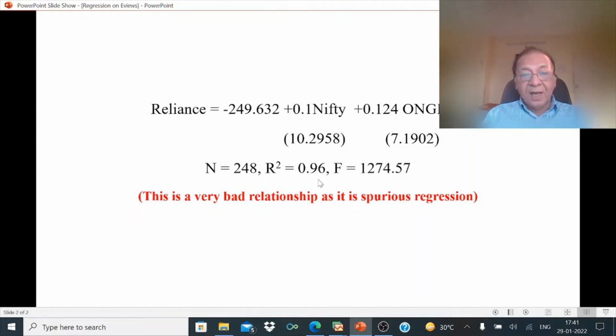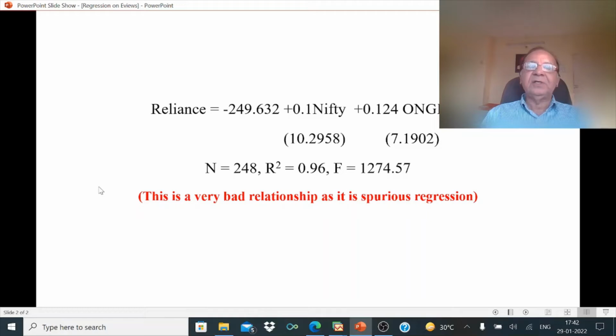This should alert us that there is something wrong in this equation. What is that wrong? Whether we are following the assumptions of regression equation or we are ignoring the assumptions of regression equation. We will go for this in this session only.